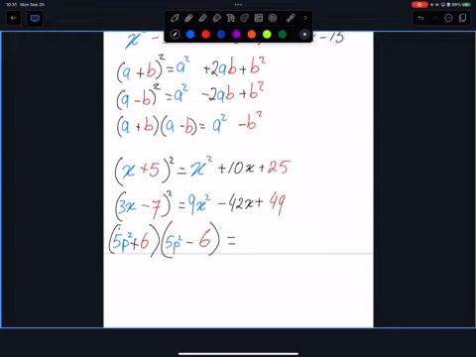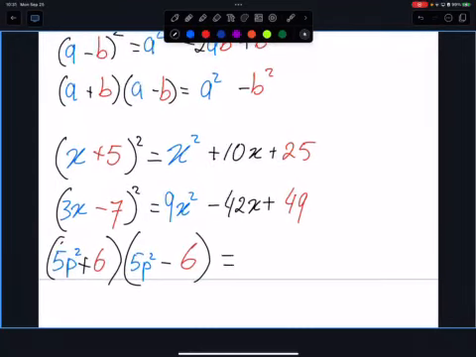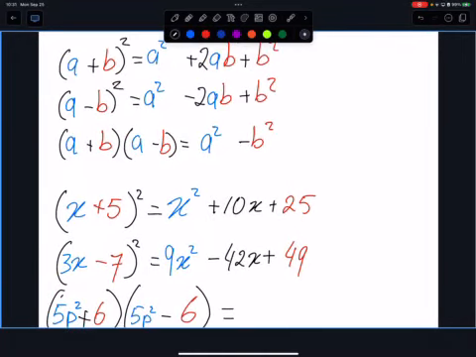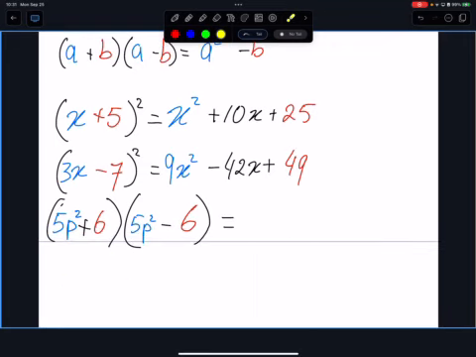So, two times A times B. A is 3x, B is minus 7.